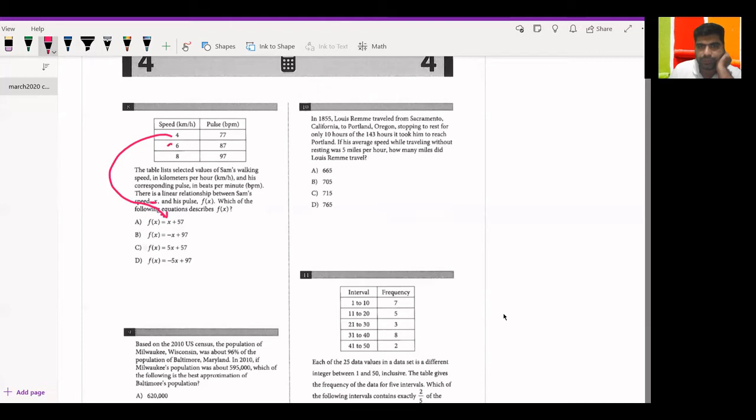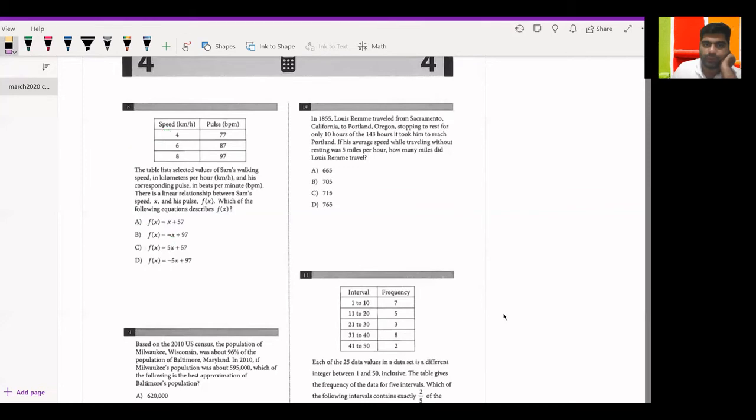If I plug in 6 here, 6 plus 57 is not 77. So if it doesn't work for one, I don't have to check for the other. If I plug in 4 here, negative 4 plus 97 is 93, so it doesn't work. If I plug in 4 here, 5 times 4 is 20, 20 plus 57 is 77, so it works.